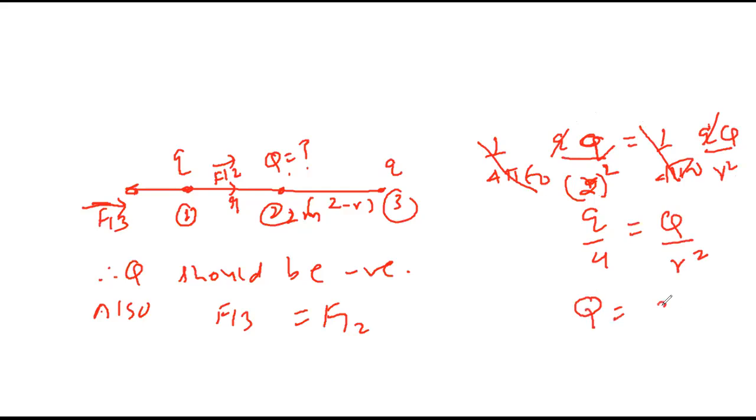So capital Q is q r square by 4. Now if I get r, I get the value. Again, see here.